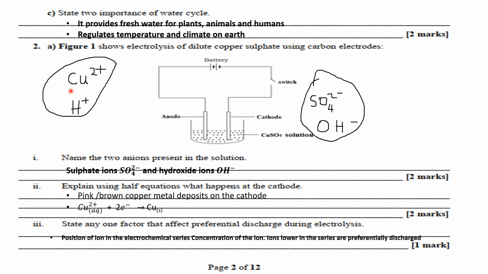So we are saying copper is lower in the electrochemical series than hydrogen. Therefore, it is copper that is going to be preferentially discharged here. So ions lower in the electrochemical series are preferentially discharged, meaning that copper here is lower. I'm just giving this as an example.